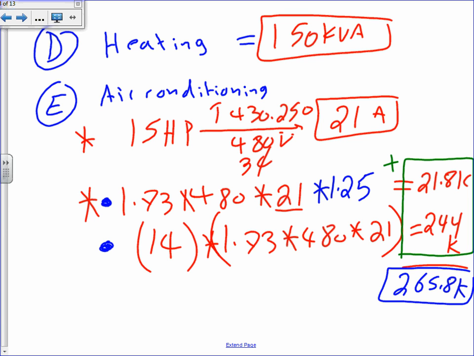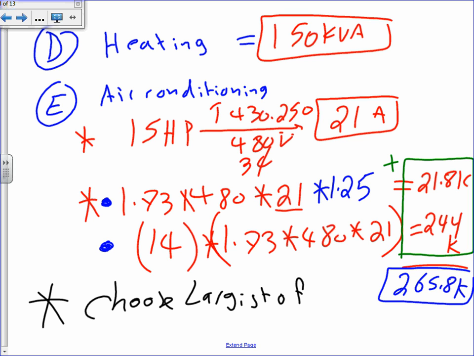The last step, guys, is to choose the largest of heating and cooling. This comes from 220.60. Anybody remember? I can't remember.